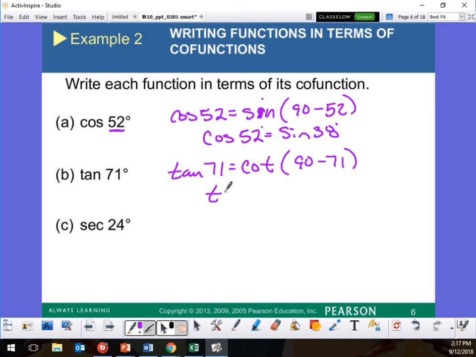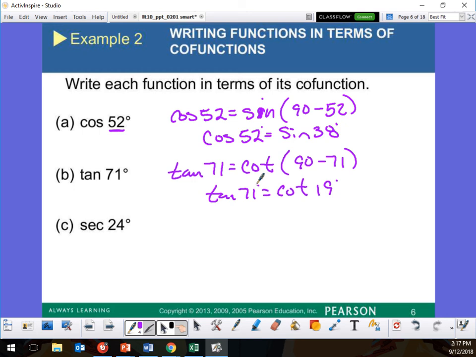So tangent of 71 is equal to the cotangent of 19. And that's just the answer right there? Yeah. Wow. Okay. Write each function in terms of its cofunction. So the cofunction of tangent 71 is cotangent 19.